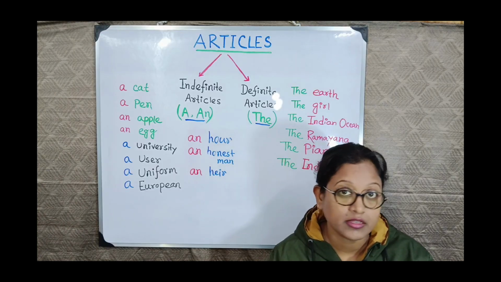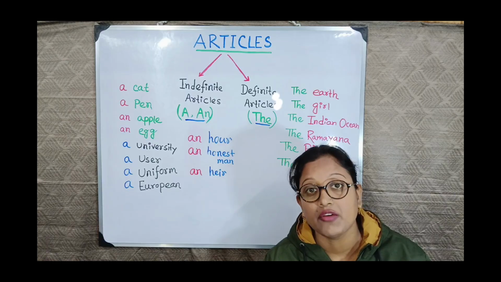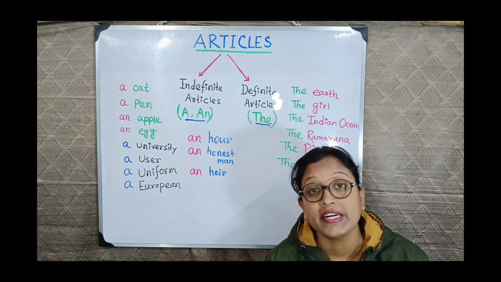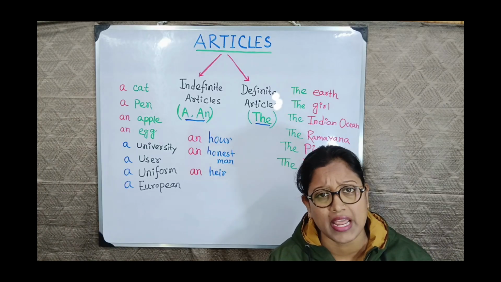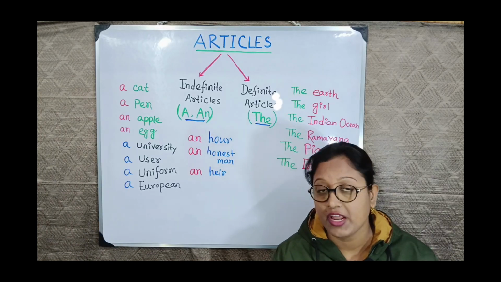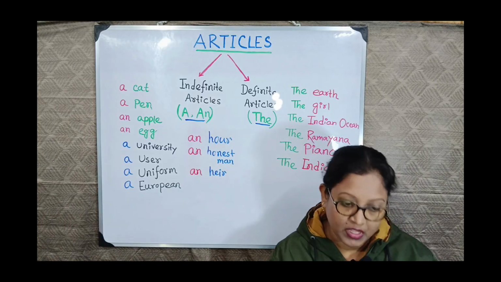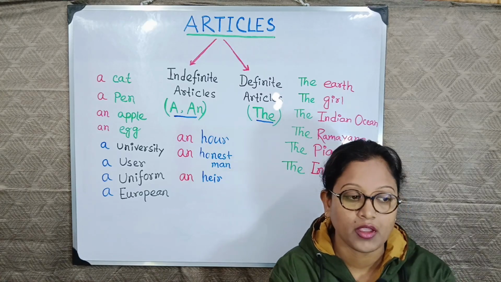Two kinds of articles, indefinite and definite. Indefinite a and definite the. Indefinite means which is not definite, which is not particular. Any book, any person, anything. Clear? And definite means which is particular, opposite, which is particular. Clear? Now we will learn their uses in detail.